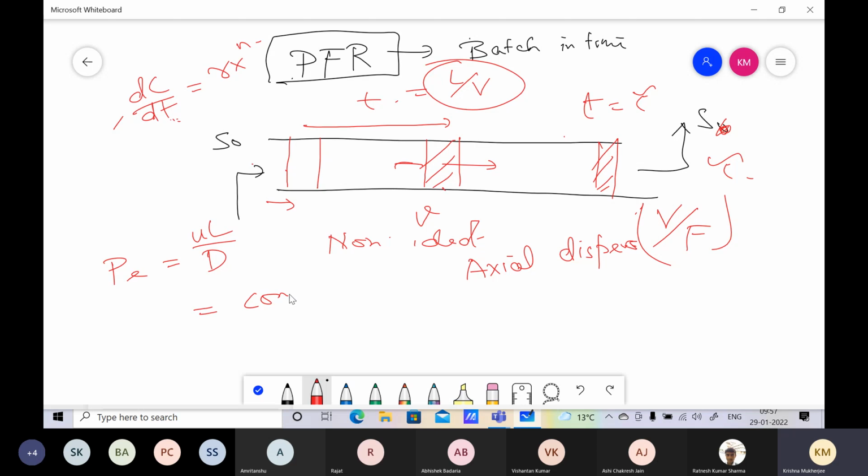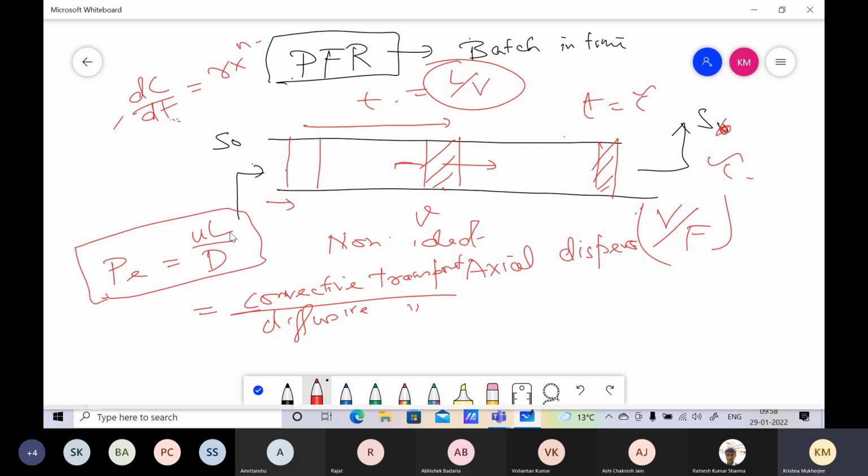It is the ratio of convective transport to diffusive transport. Do you remember, or have you forgotten, because you studied it in a hurry? Doesn't matter. So as you have higher and higher Peclet number, your convective transport is higher.